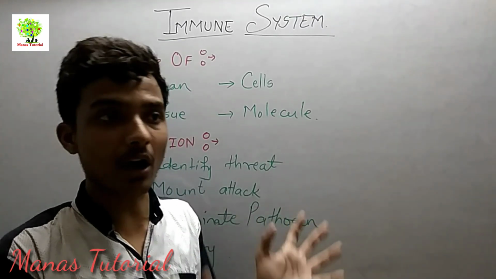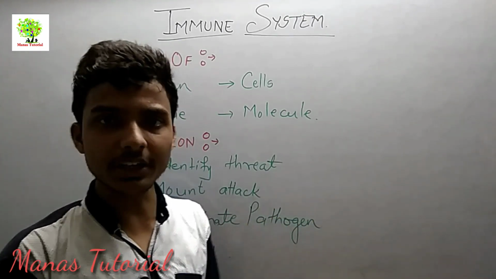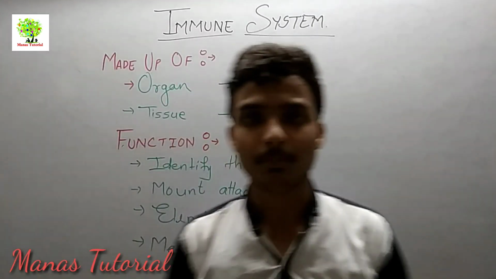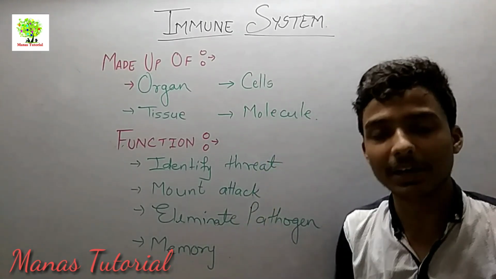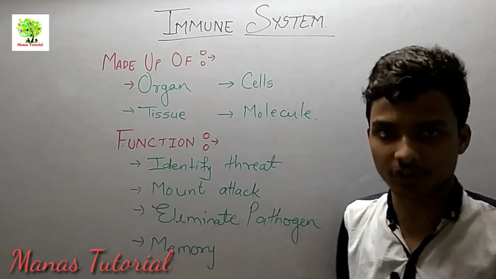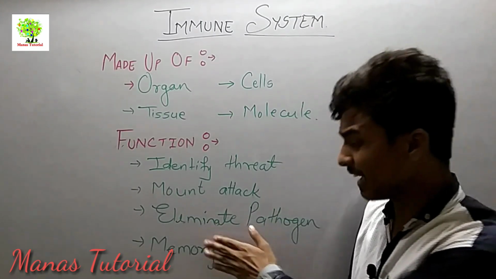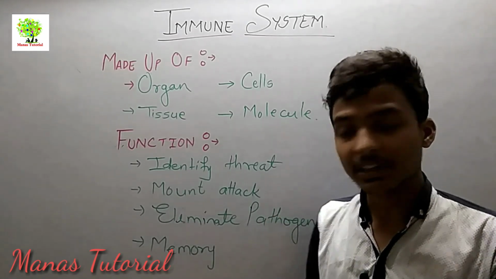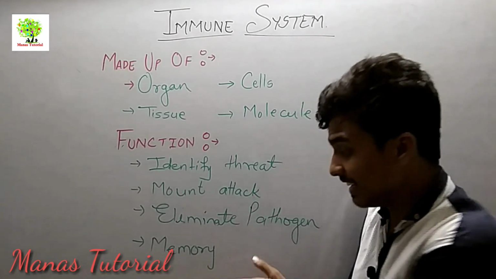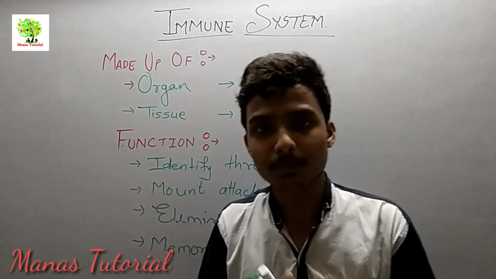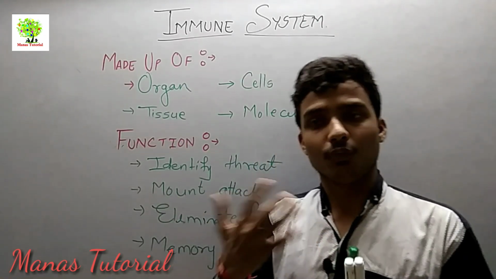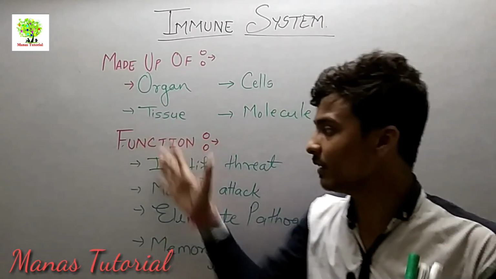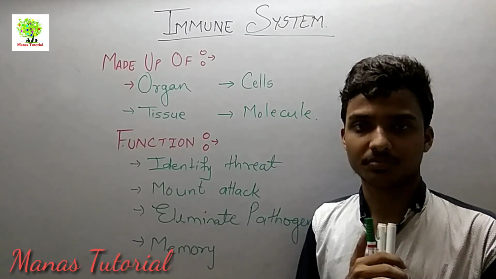After mounting, it eliminates the pathogens by processes such as phagocytosis or cell-mediated immune response. There are many processes we will discuss later. After eliminating, it has memory, which helps to protect our body from the next attack by the same pathogen. These are the main functions of the immune system.